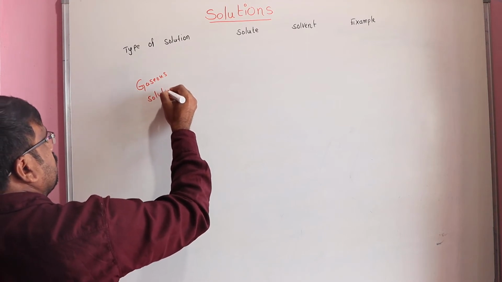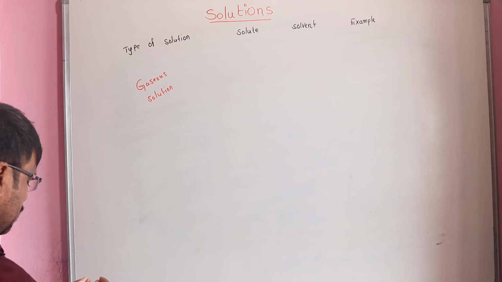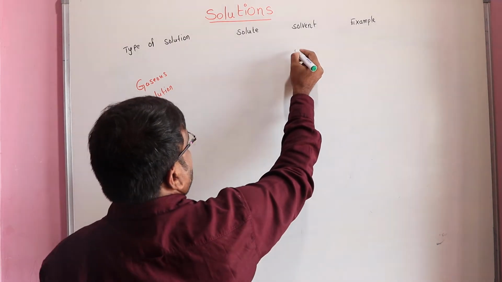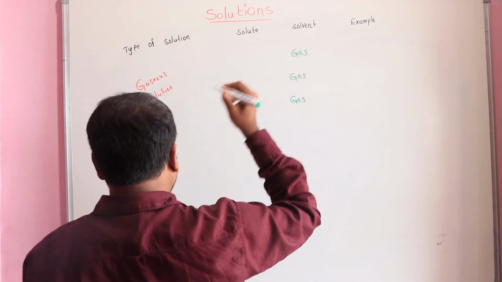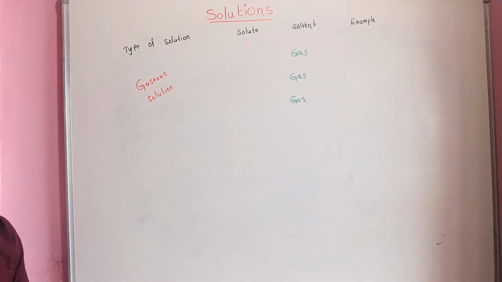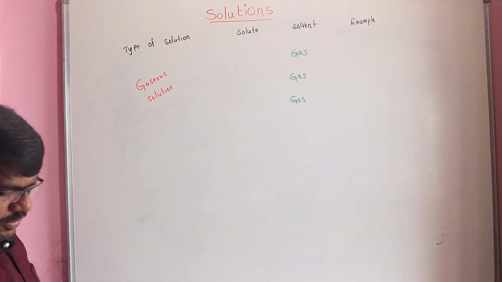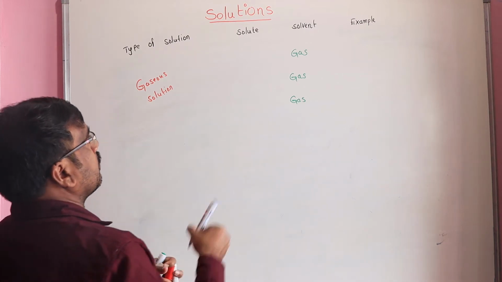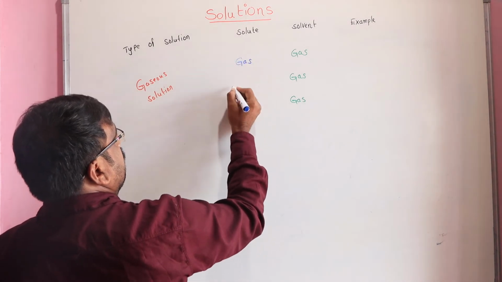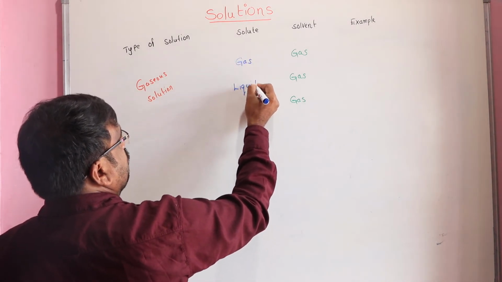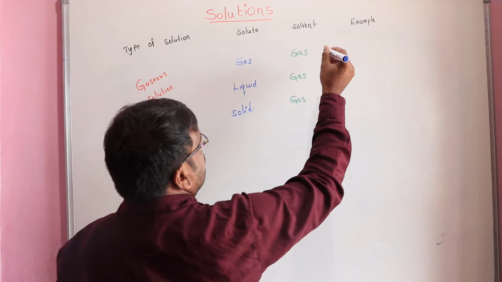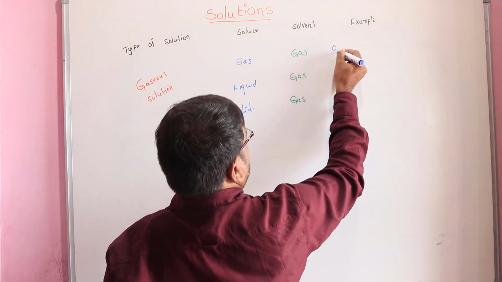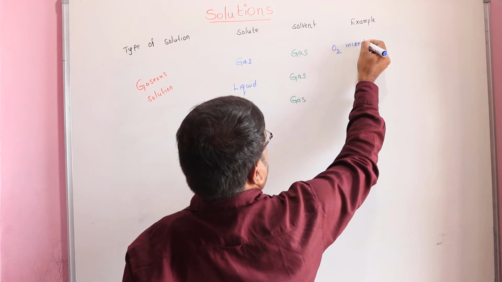In gaseous solution, the solvent is always gas. But the solute may be gas, liquid or solid. For gas in gas, the example is oxygen mixed with nitrogen.